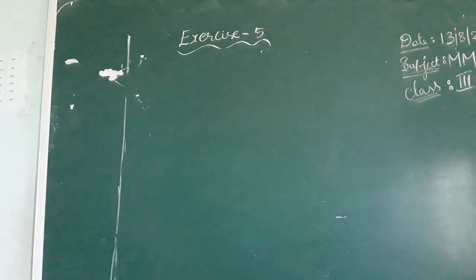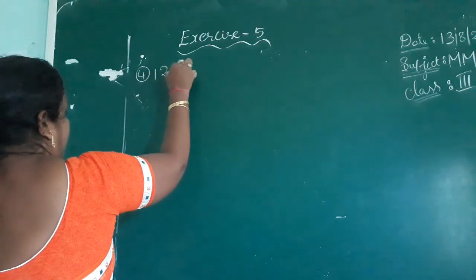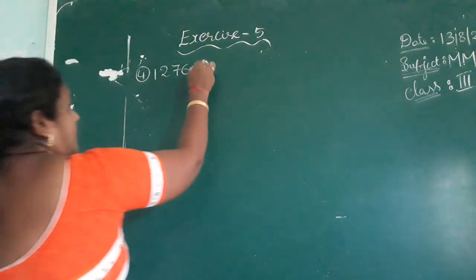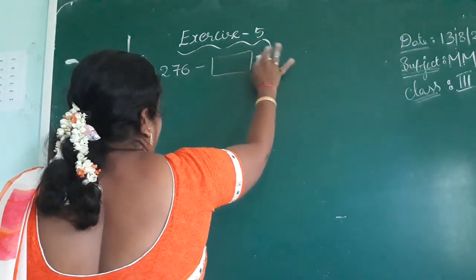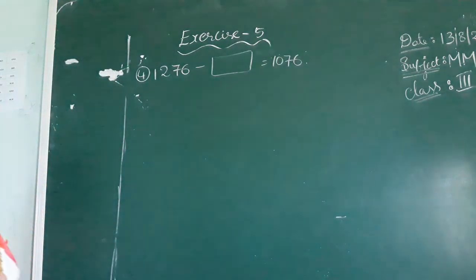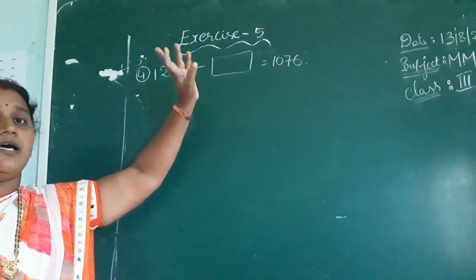See the fourth question, children. Minus blank was given. They have given the answer 1076. They are asking us what is that missing number. How can we find the missing number?